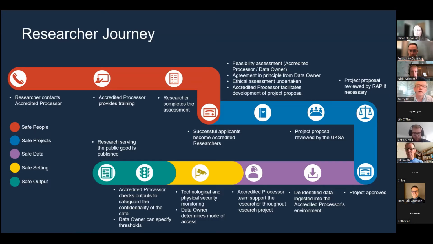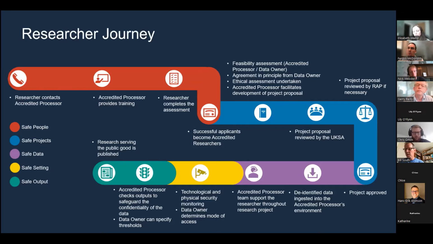Okay, in terms of the yellow there, the safe setting, users can access the SRS via safe rooms or something called safe pods, which are, if you like, mini safe rooms where access is monitored, which are located around the country. The other option, we have a remote access scheme where organizations can apply.